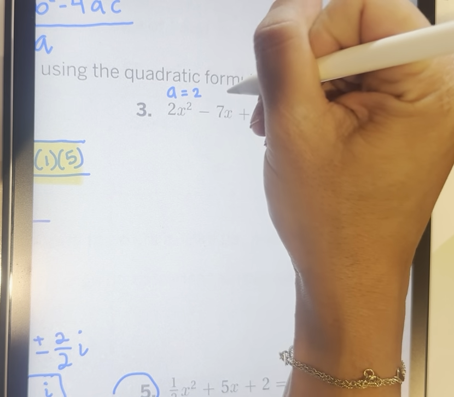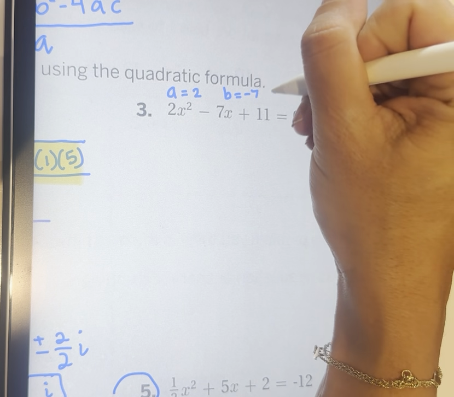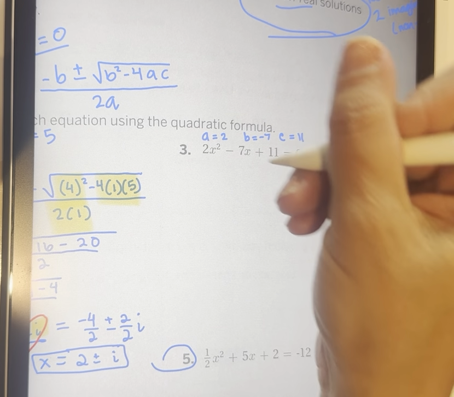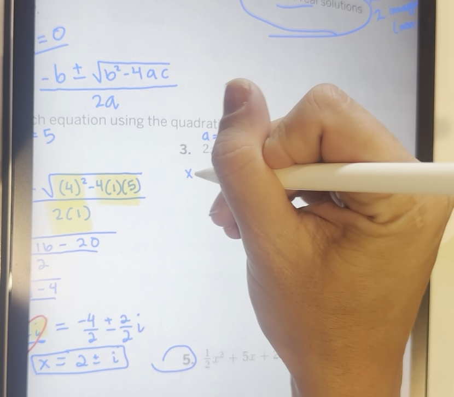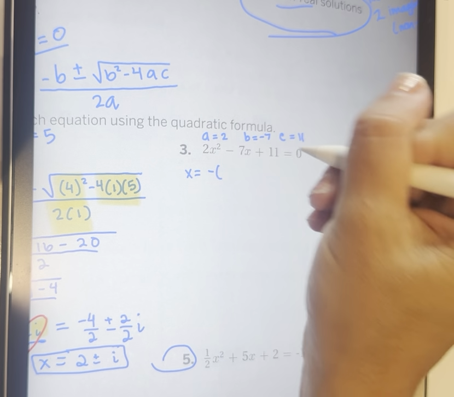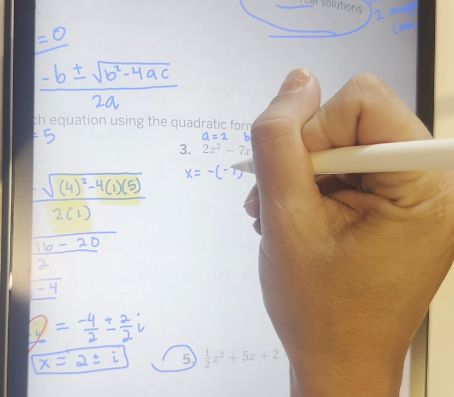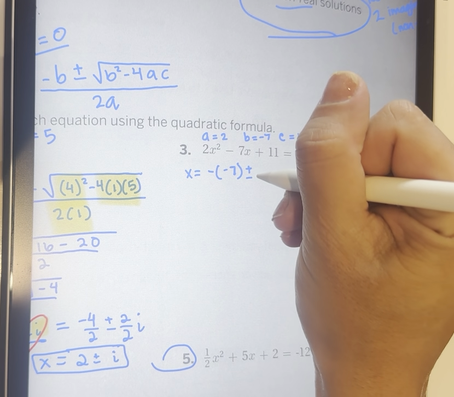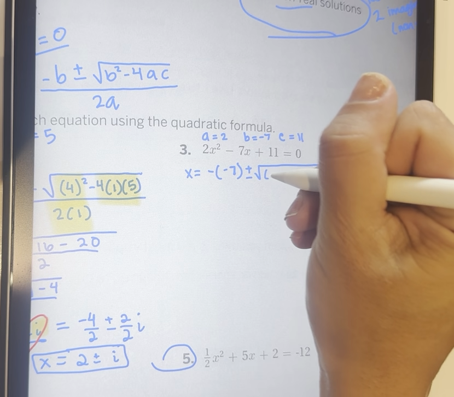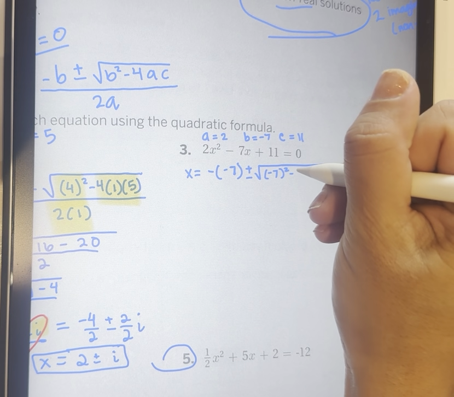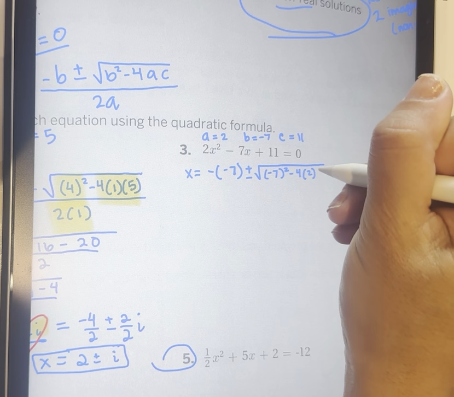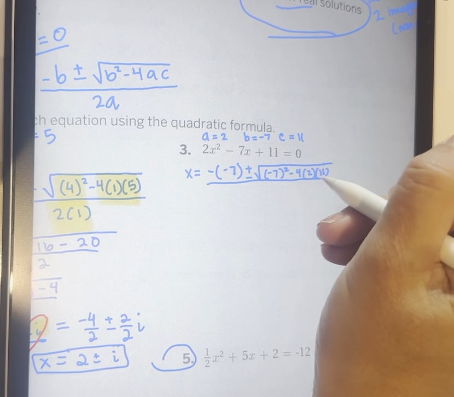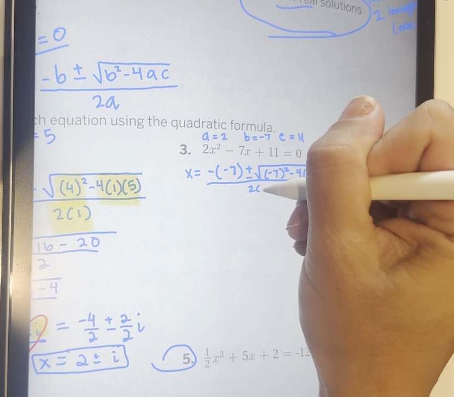A equals 2, B equals negative 7, C equals 11. The quadratic formula is right there if you need to see. Let's go. X equals negative negative 7. So first step, you guys, I don't try to do any math. I just plug everybody in with parentheses, plus or minus square root b squared minus 4 times a times c, all divided by 2a.